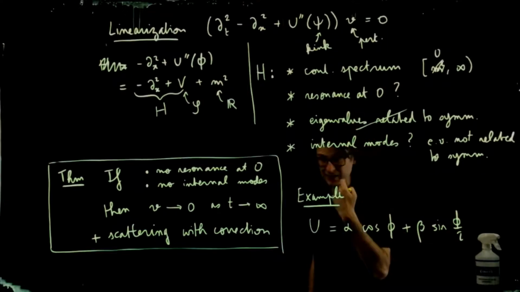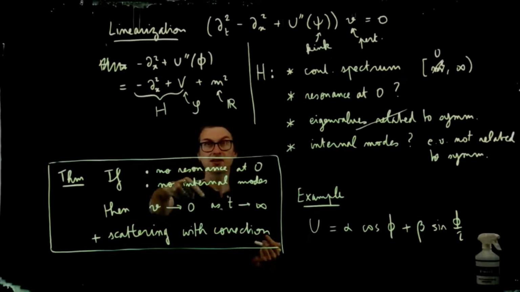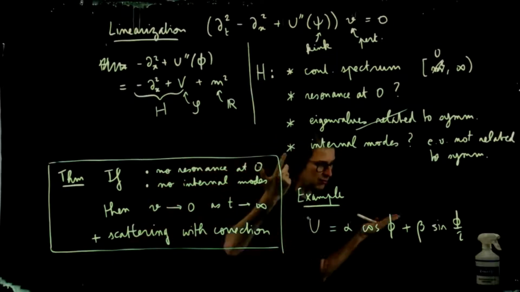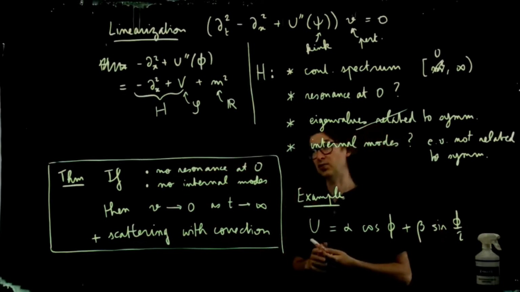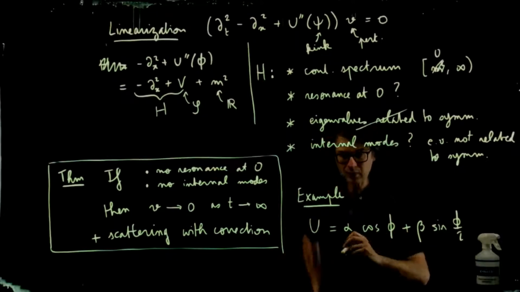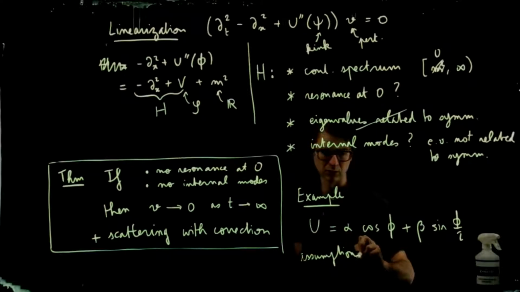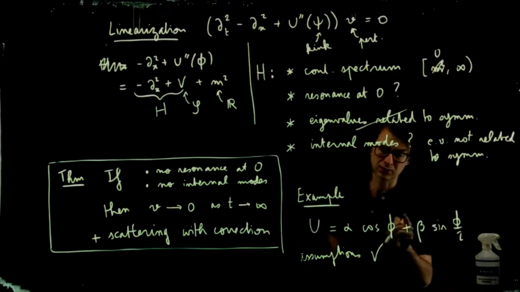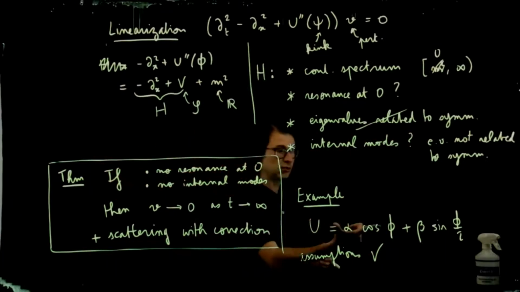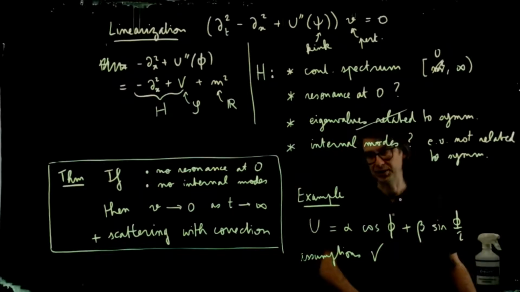Of course, the problem is that it can be tricky to check these two spectral assumptions, because sometimes it's hard to solve spectral problems explicitly. But for this model, the assumptions are checked for some open region in alpha beta.